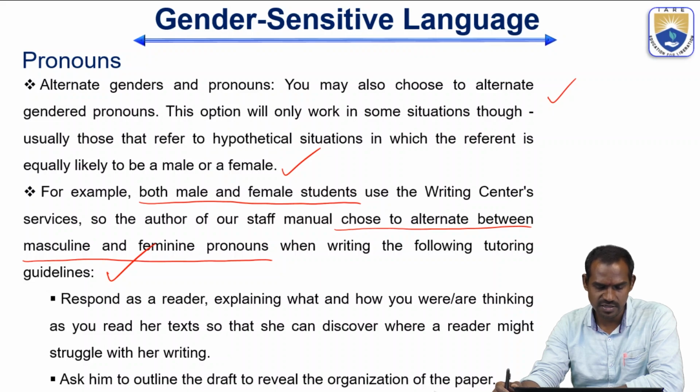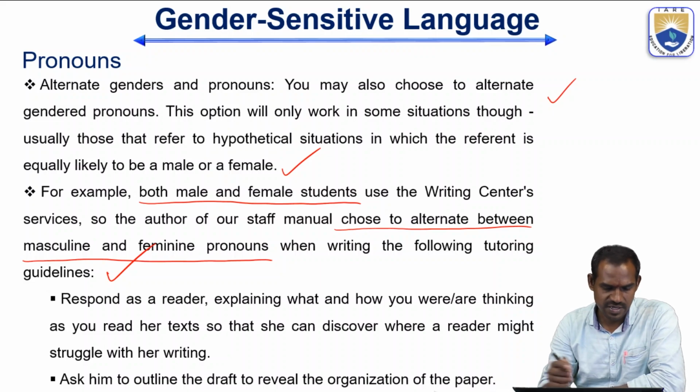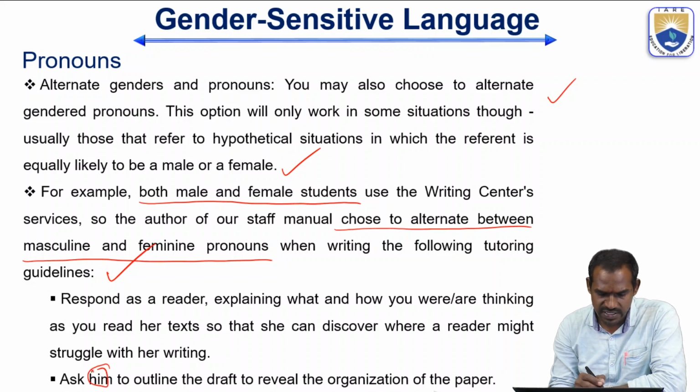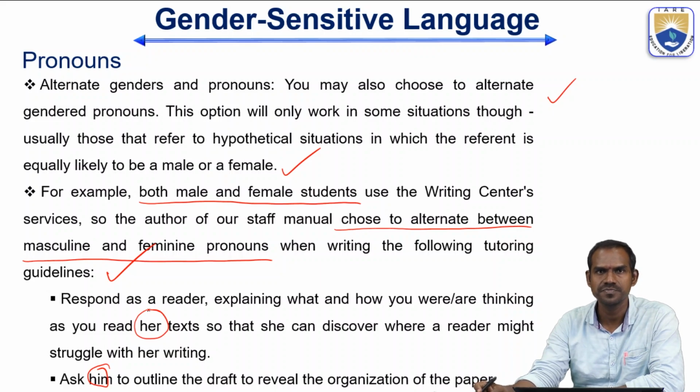Here ask him is used. And previously, respond as a reader, explaining what and how you were or are thinking as you read her texts. Here her text is used.